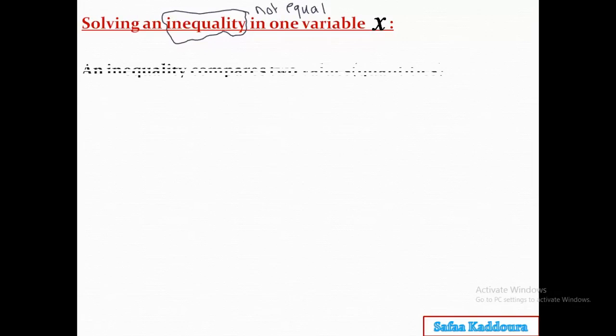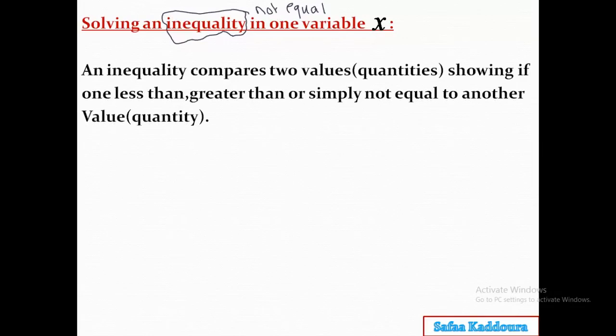First of all, we have to recognize the definition of inequality. What is the meaning of inequality? Inequality means not equal. Let's read the definition together. An inequality compares two values or quantities, showing if one is less than or greater than or simply not equal to another value.